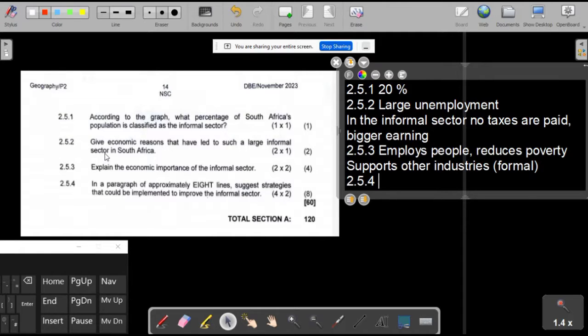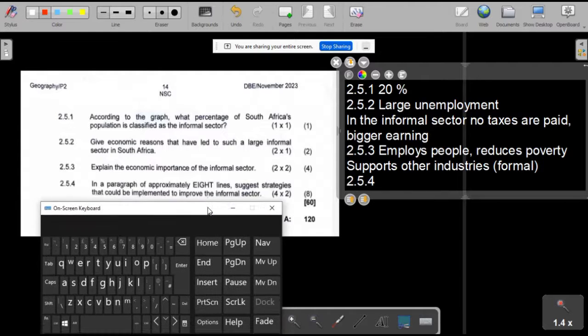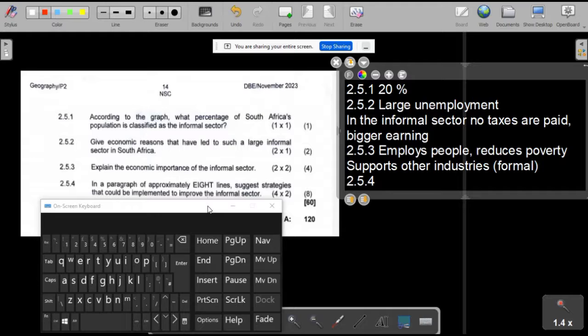So again, I'll just write the points and then explain. What can we do to improve the informal sector? First of all, we know that in the informal sector it's difficult to get loans, and so they cannot further expand their businesses.